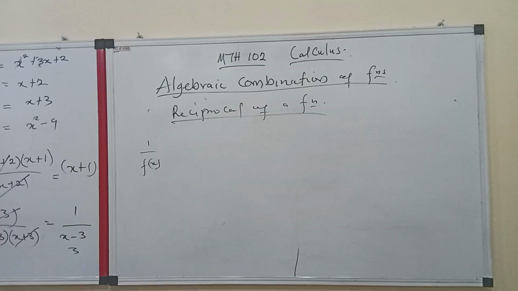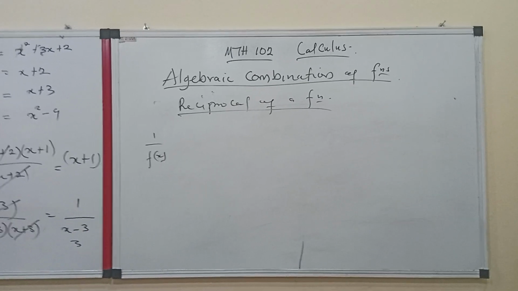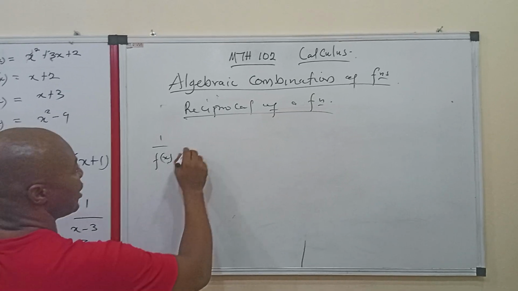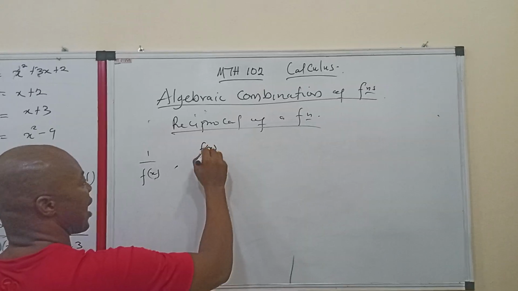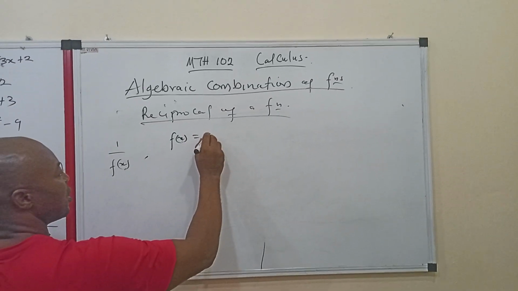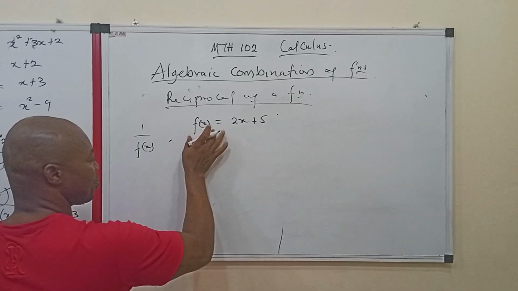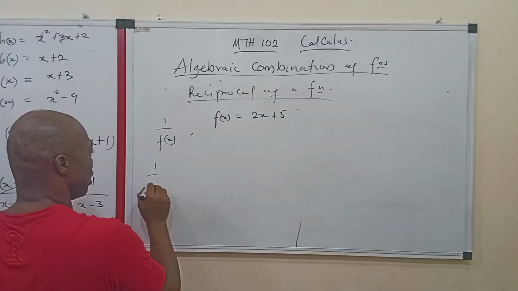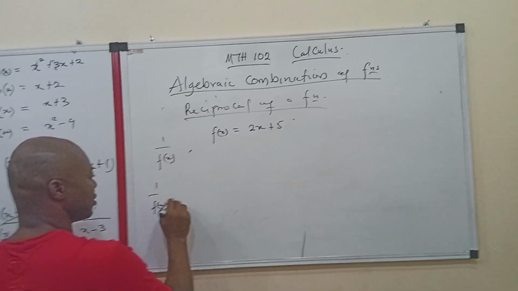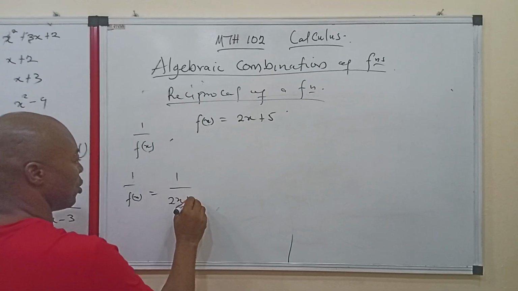These are special kinds that we have. Now, as I have stated, if you have, given that f of x is equal to maybe 2x plus 5, the reciprocal of this function is just simply 1 all over f of x, which is the same thing as 1 over 2x plus 5.